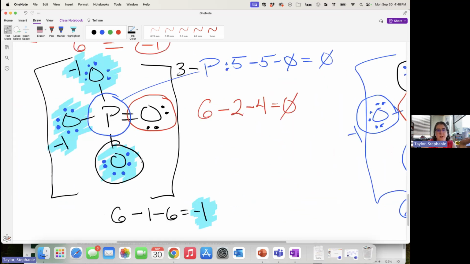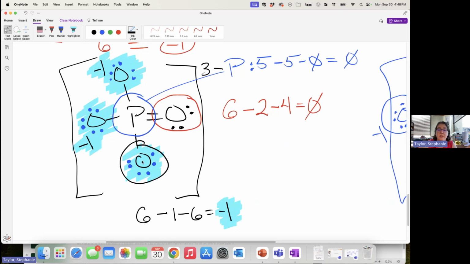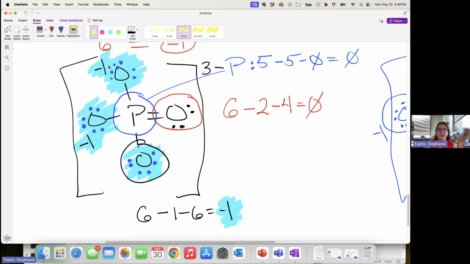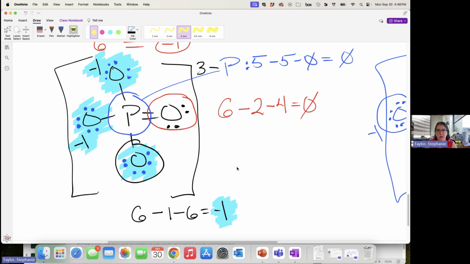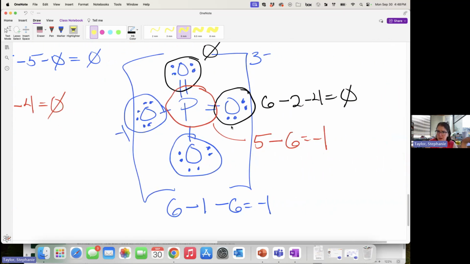So at first glance, this actually looks like it's about the same as the one we drew before, but it's not, because before the oxygens were carrying the -1 charge. Now I have 2 oxygens carrying a -1 charge, but I have a phosphorus carrying a -1 charge as well.